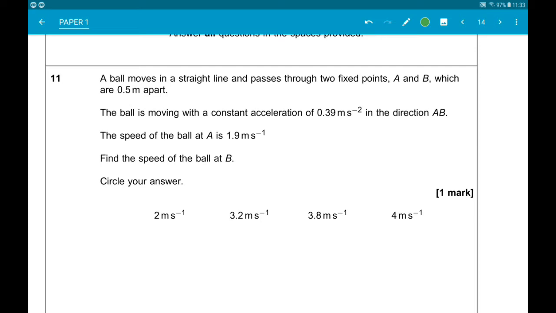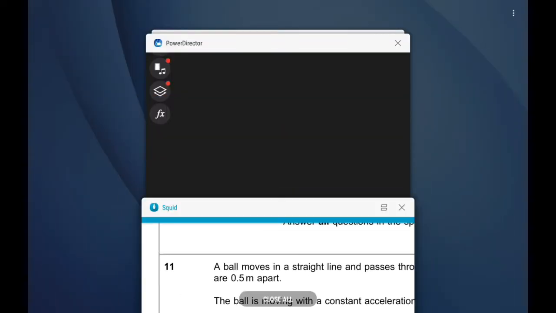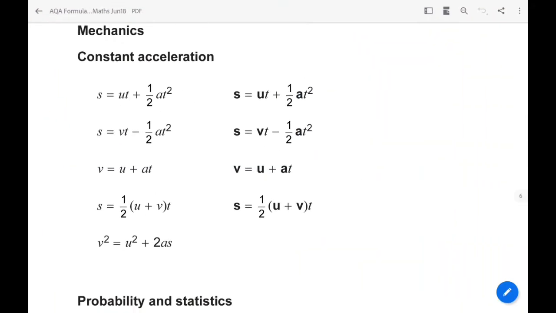Okay, so what do we know? We know S, U, A, and we want to find V. So the Suvat equation we are going to use is V squared equals U squared add 2AS.